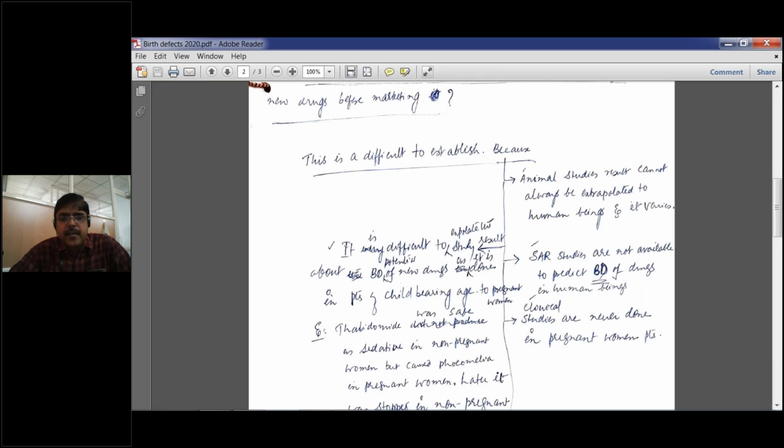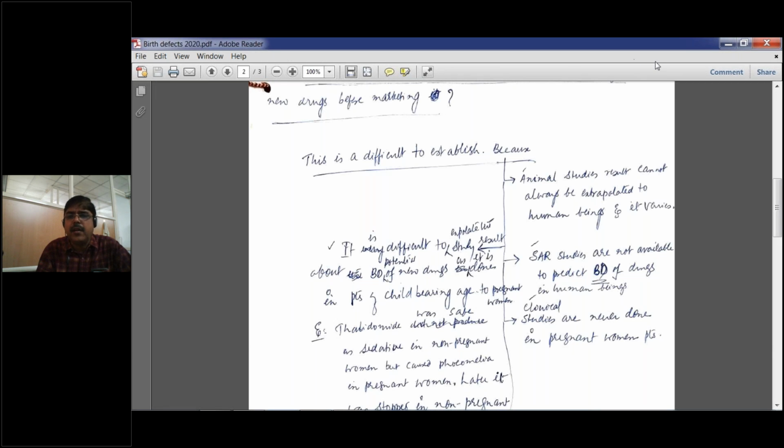So SAR studies will tell whether the molecule is lipophilic or hydrophilic in nature. If it is more lipophilic, there are chances that the drug crosses the placenta and causes the effect. The extent of effect one cannot predict because that needs a clear study, but at least you can predict it.